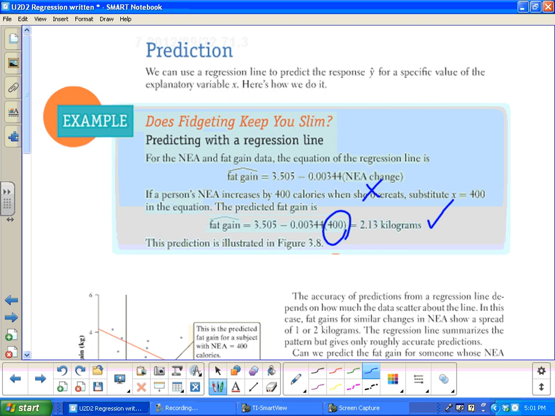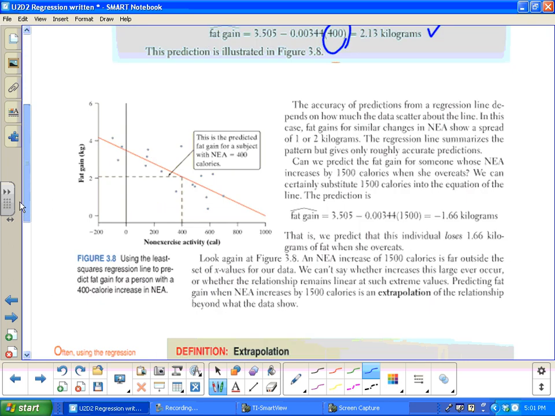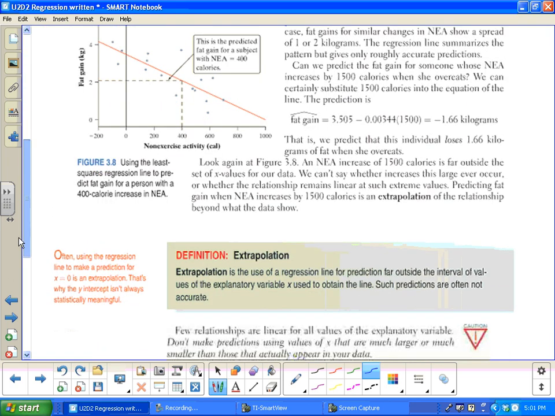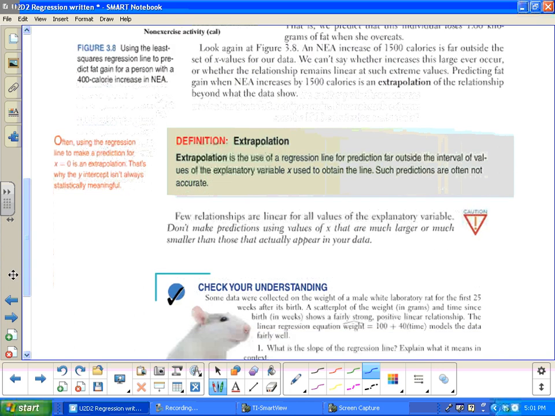The one thing that you have to worry about is what's called extrapolation. So let's go down here and look at this really quickly. Extrapolation is where you are trying to predict a value that is outside the range of x values that you're given. The data you're given is what you're using to calculate your prediction equation.